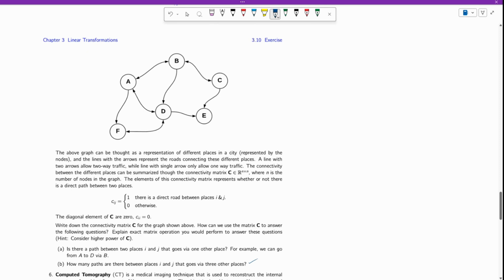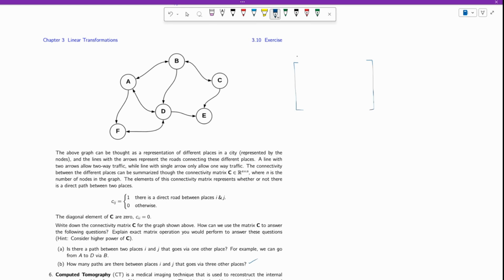Okay. What will be the connectivity matrix to start with? What shape will it be? Why 6 cross 6? Sorry? Yeah, there are 6 nodes, so there has to be 6 cross 6. Okay. All right. What will be the first element?